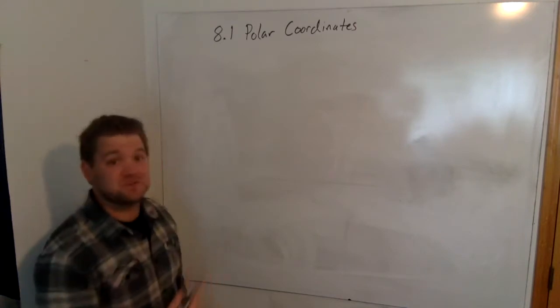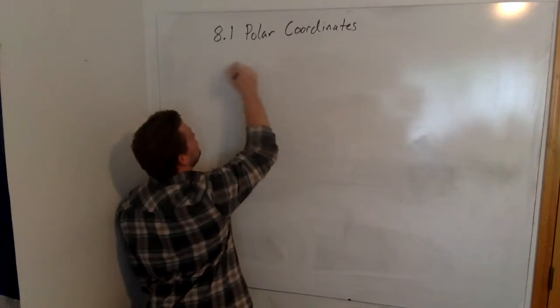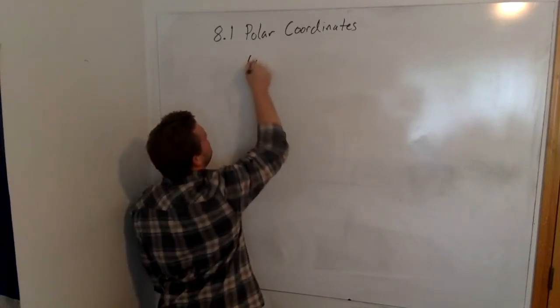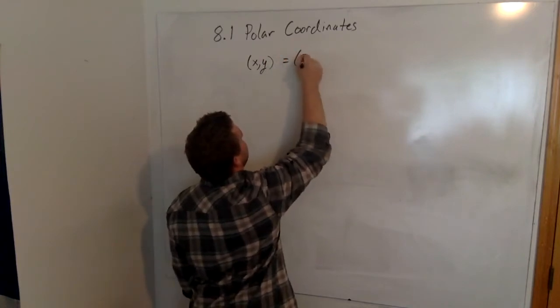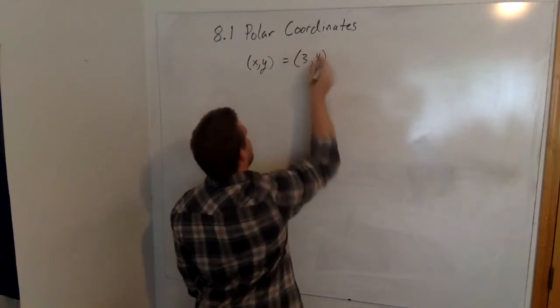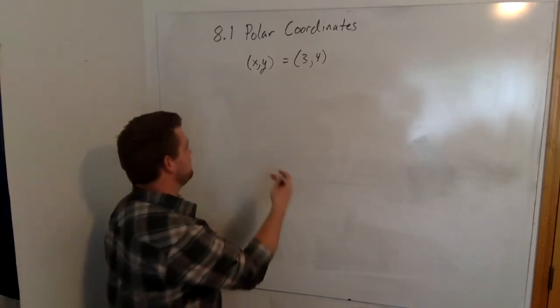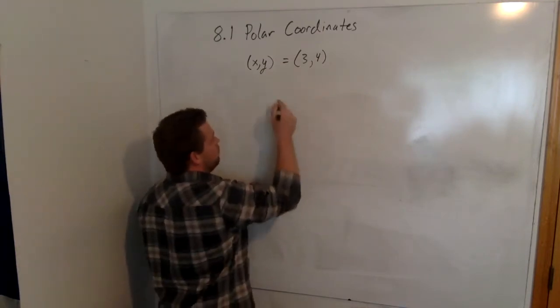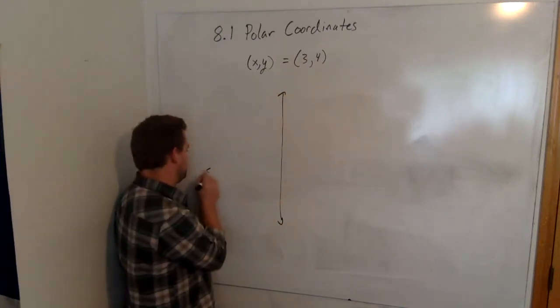We've been very used to the rectangular coordinate system. So for example, we're used to plotting points that have x coordinates and y coordinates. For example, let's say we have the point 3, 4. What this really does is it just gives us directions to a location in space from the origin. So we have some sort of origin, some place to start.